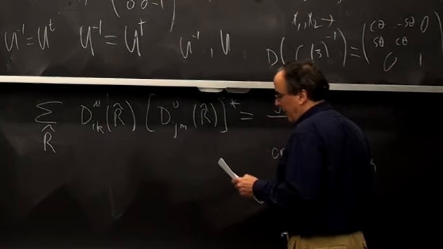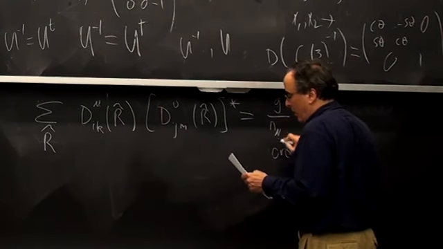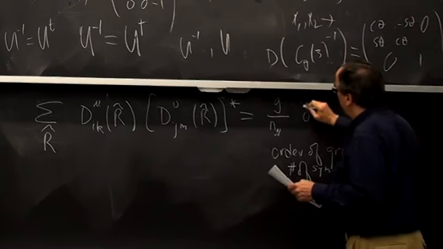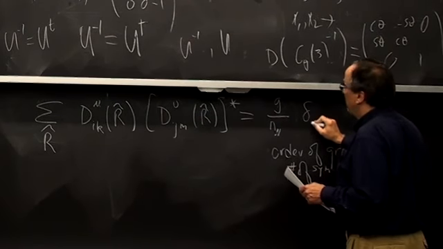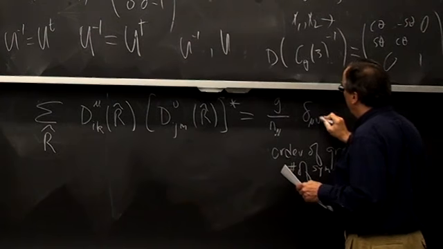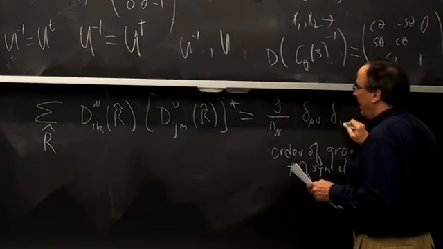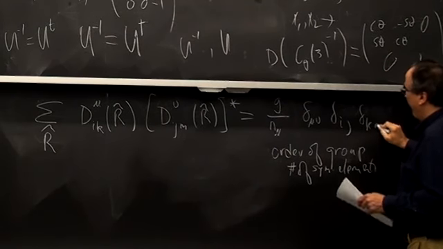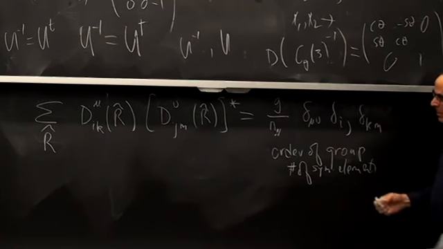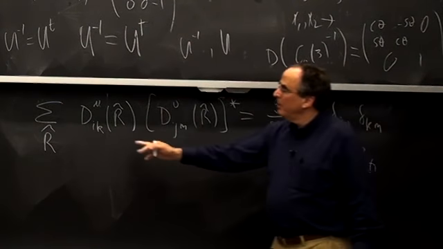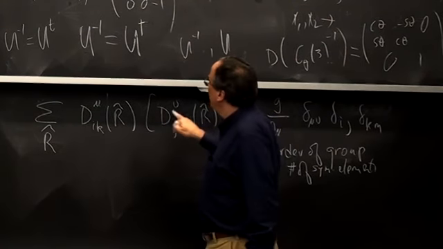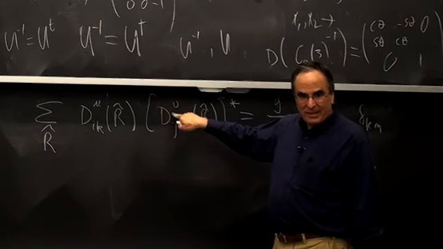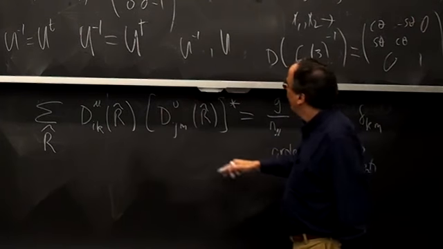And divided by n mu, the dimension of the muth irreducible representation, and then delta mu nu delta I j delta k m. So it says if you have two different irreducible representations, they're orthogonal in the sense of all the rows and all the columns.